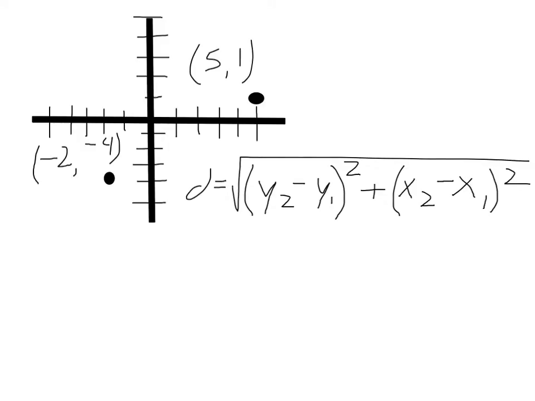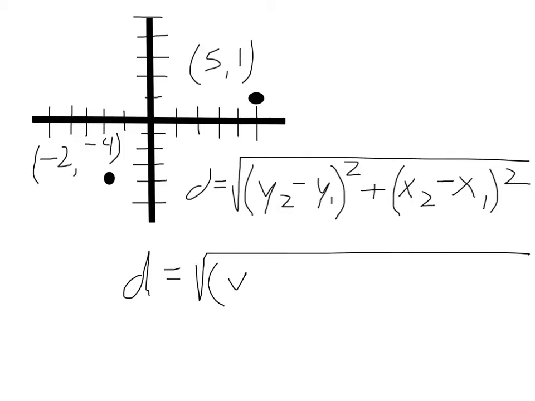Let me do that again for you. Distance equals the square root of the quantity of y sub 2 minus y sub 1 quantity squared plus the quantity of x sub 2 minus x sub 1 quantity squared.